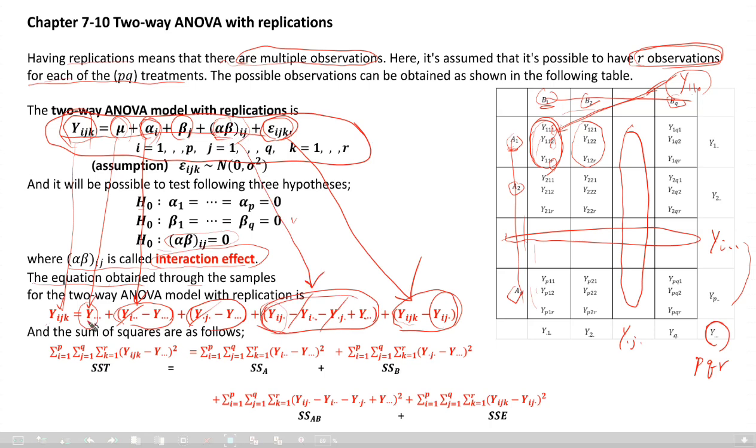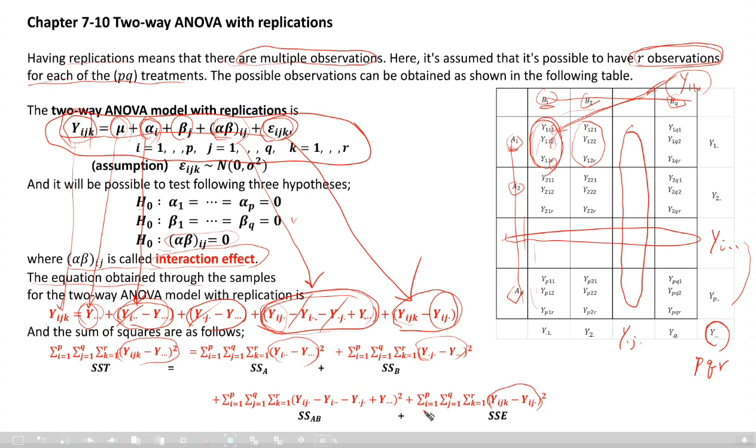Move this y dot dot dot to the left side and square them. Summation over ijk of this part squared, the second part squared, and the interaction term squared, and the last residual term squared.